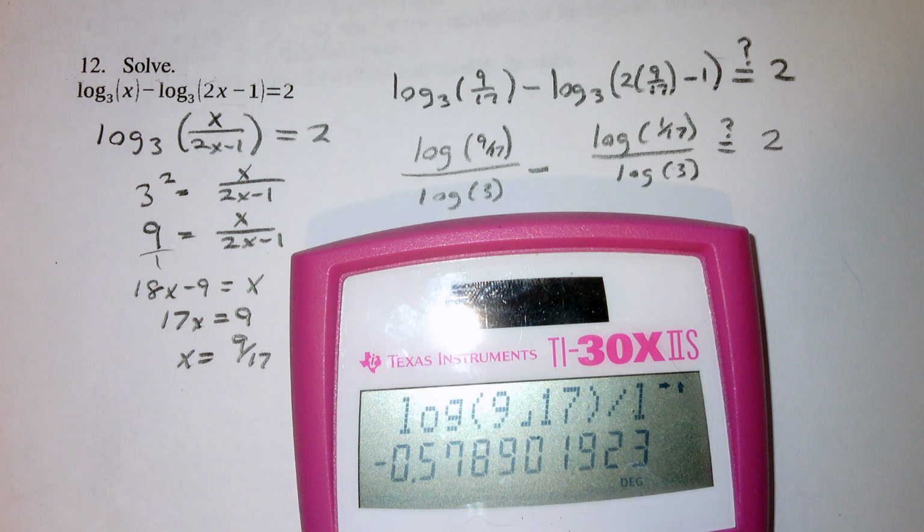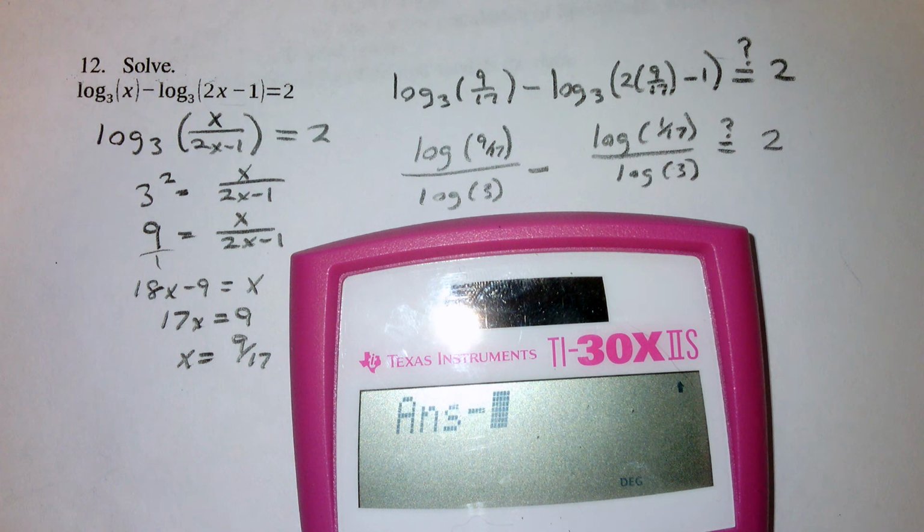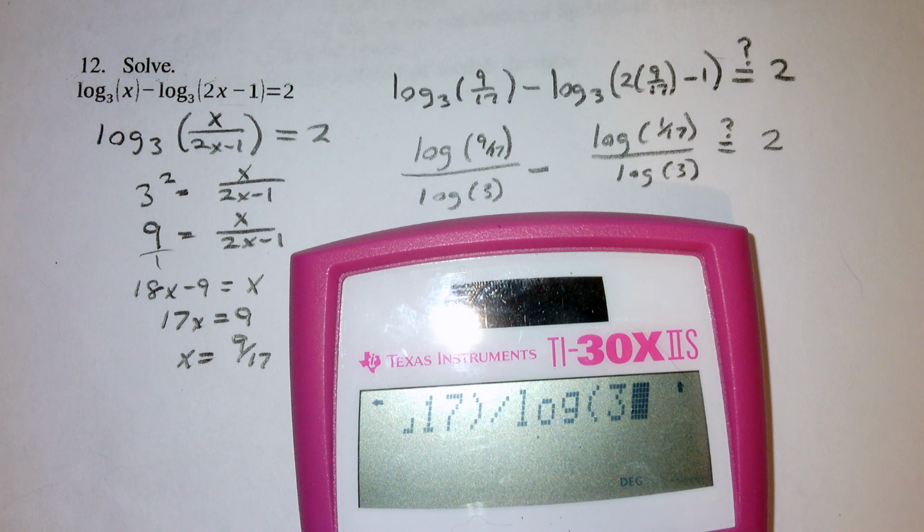Okay, now I want to subtract, and I'm going to use an extra set of parentheses just to make sure. I'm going to use the log of 1 ABC 17 divided by, again, the log of 3. And I've got to close off that extra parenthesis I put in there.